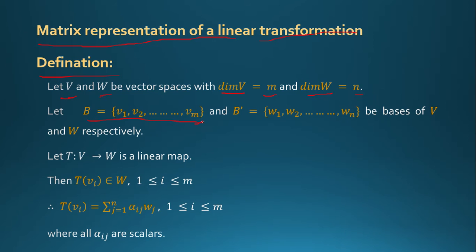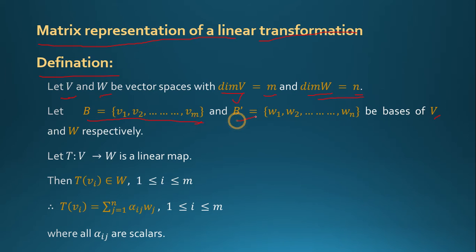This is the basis of V, and the dimension of V is equal to M. So the number of vectors is M.